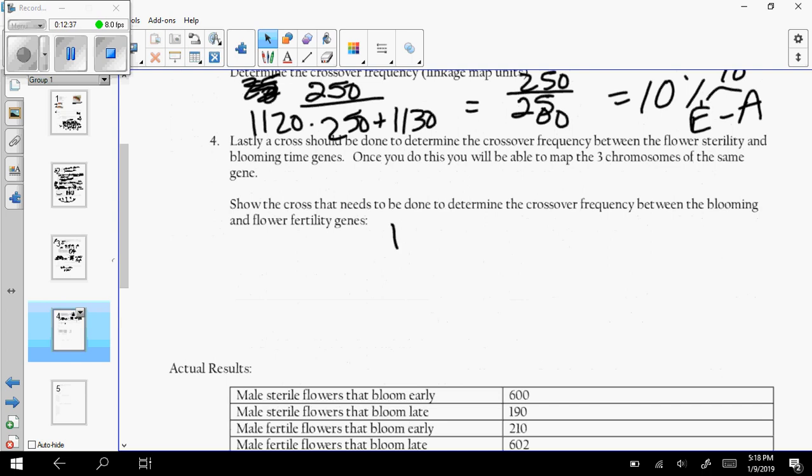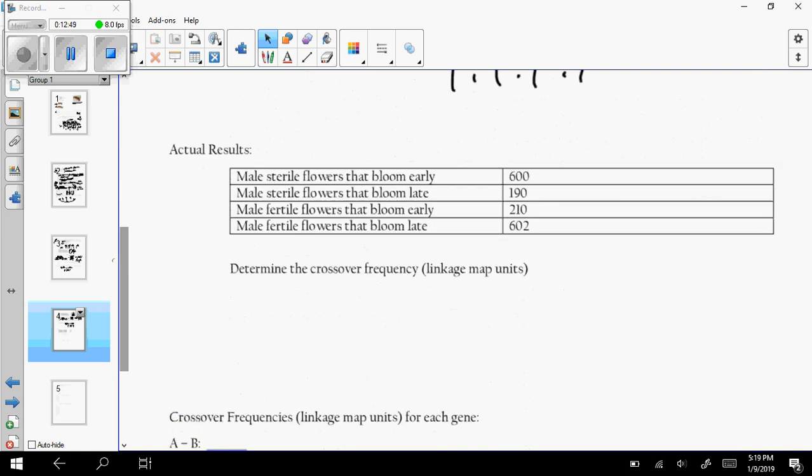So the cross that needs to be done would be this. I would expect 1 to 1 to 1 to 1. Here's what I get. Look for the low numbers there and there. Those are my recombinants. So I put 190 plus 210 over the whole thing.